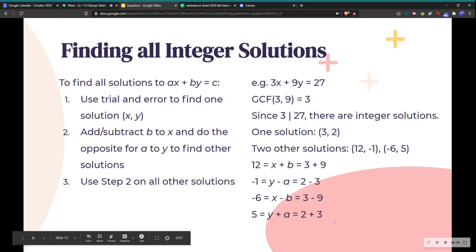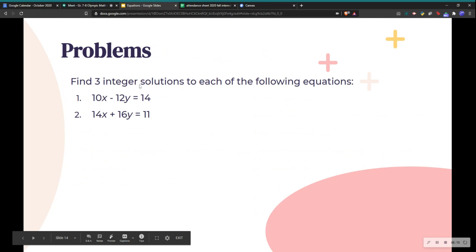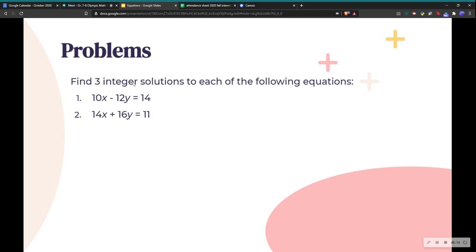All right. Let's try to solve two problems right here. Find 3 integer solutions to each of the following equations. I'll give you guys a minute or two to figure this out.